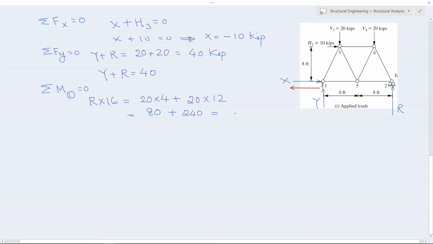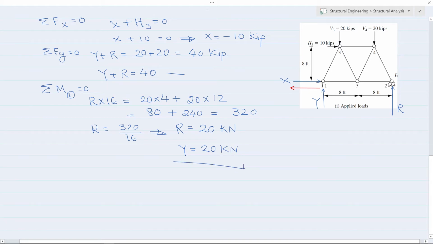That means this will be equals to 320. So R will be equals to 320 divided by 16. That means R comes out to be 20 kilonewton. So from this equation, if R is 20, definitely Y will also be 20 kilonewton.